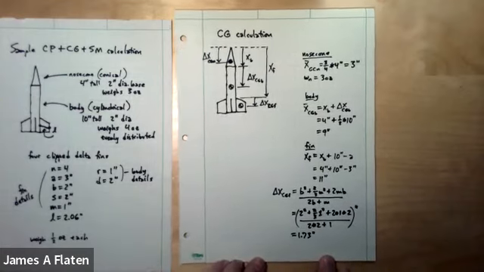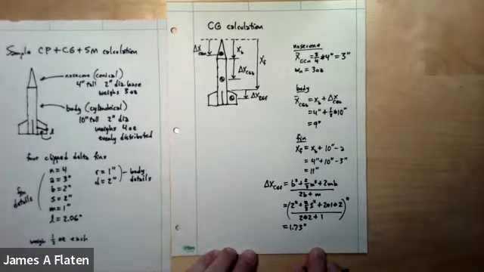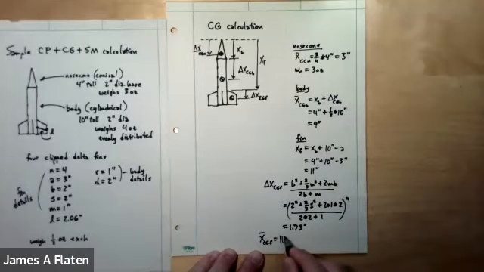Okay, so with that in mind, here's what I've figured out. The station x CG for the fins will be how far it is to get to a fin, 11 inches, plus 1.73 inches. That's how far into the fin you have to go to find its CG.